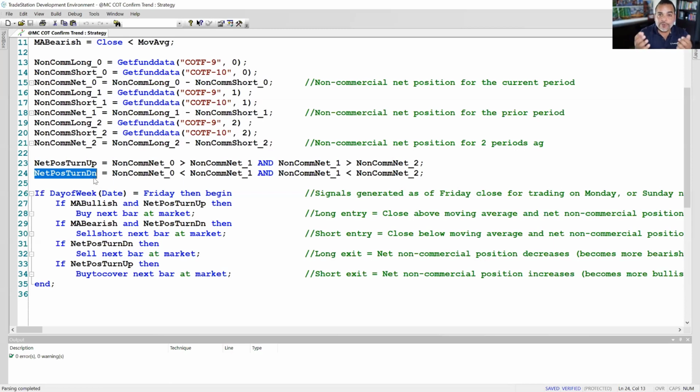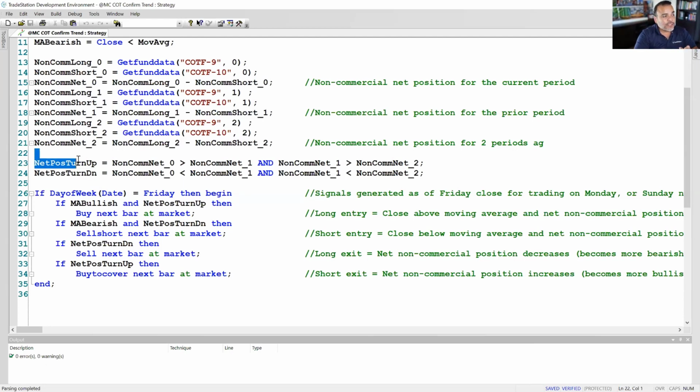So if you're about to put in a long trade, look at what the net position of the non-commercials is. Are the non-commercials also increasing their position? Because if they are, then we are confirming the trend.